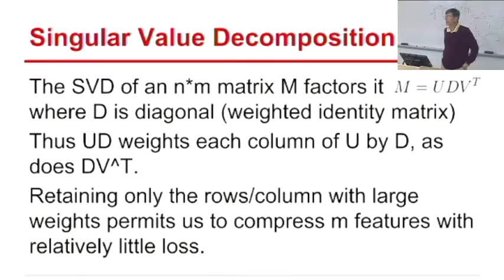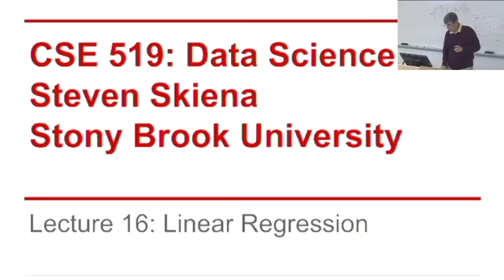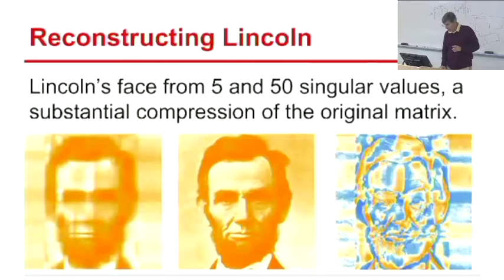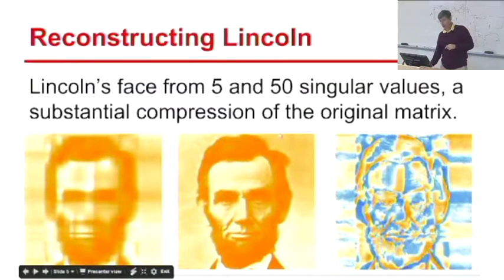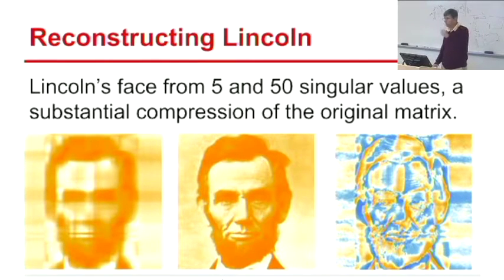So using SVD, we are doing scaling of the number of rows down to the most important. We're doing what I would call dimension reduction. That's the important thing. In this Lincoln image, this would be 512 by 512, 512 rows and 512 columns.